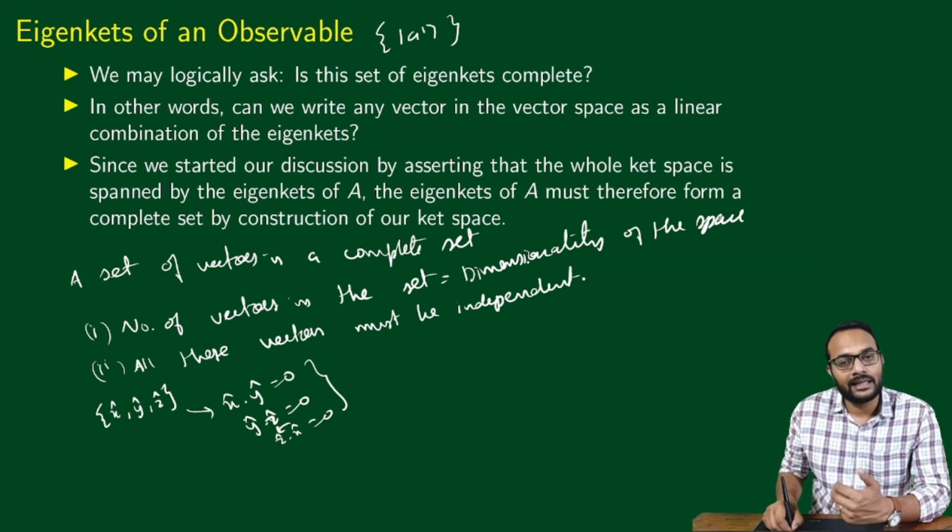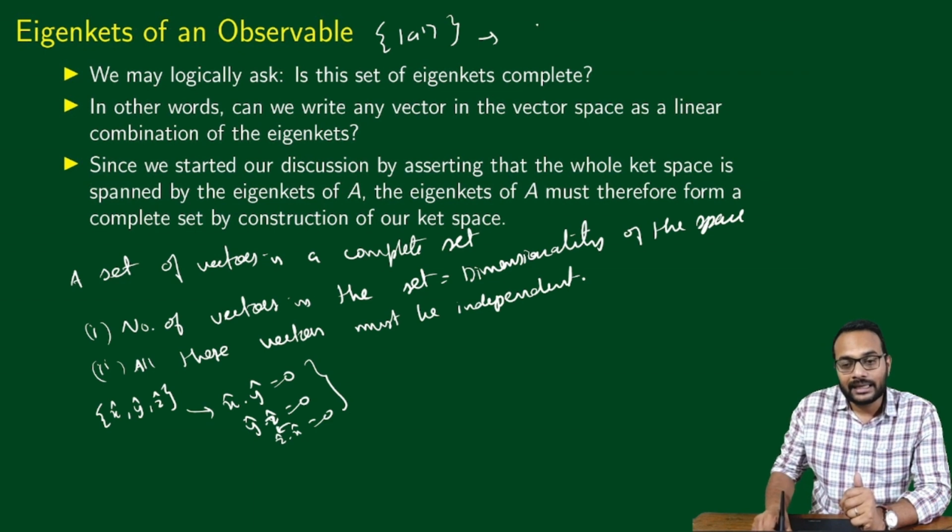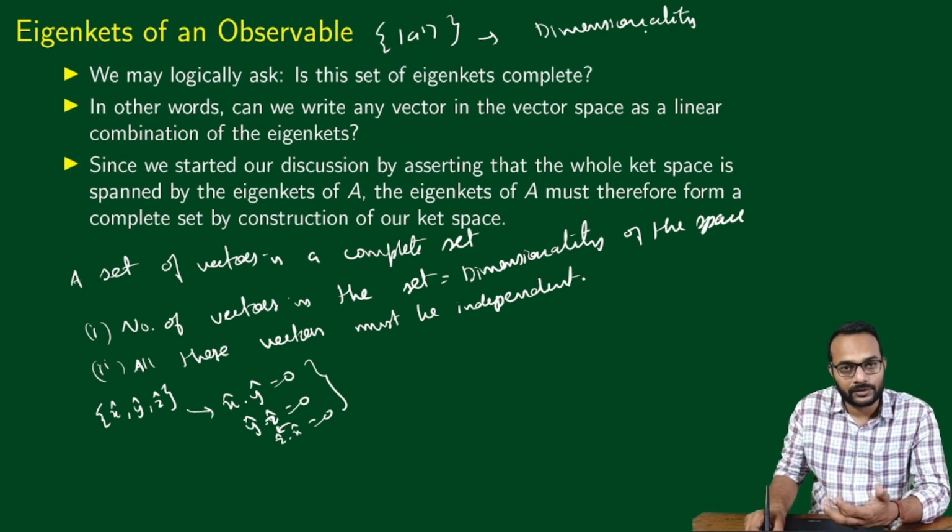This is exactly how we have constructed our vector space. I think in one of the previous classes we discussed the dimensionality of the vector space we were constructing, and we saw that the dimensionality of the vector space is equal to the number of eigenvalues. And corresponding to each eigenvalue, there's an eigenvector.